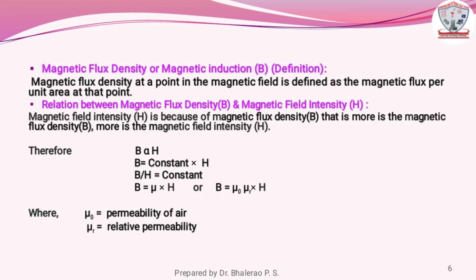And the constant is represented by mu, that is B is equal to mu into H. Or this equation we can write as B is equal to mu 0 mu r into H, where mu 0 is the permeability of air and mu r is the relative permeability.